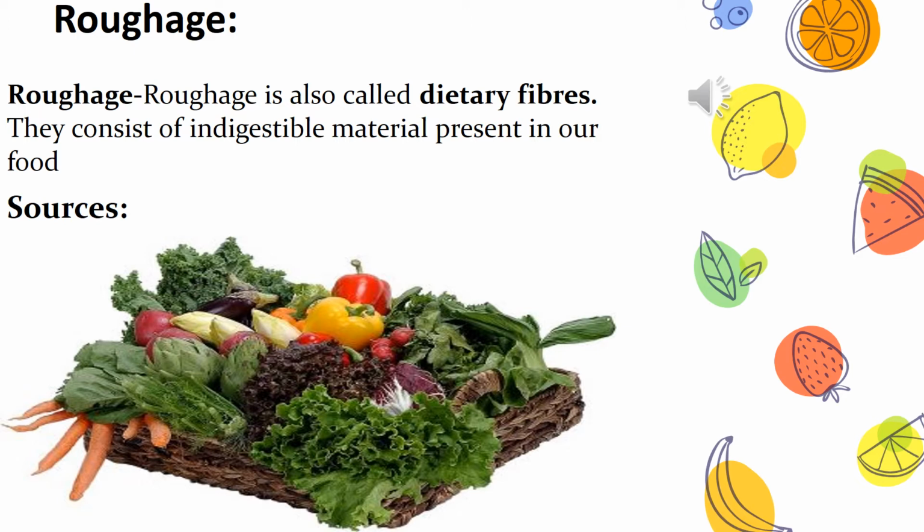Apart from this, unpeeled apple and half crushed wheat are also good sources of roughage, dietary fibers. The skin of fruits and vegetables is also rich in fibers. Besides this, I'll tell you one name, isabgol, if you have heard. It is also a good source of dietary fiber and we consume it to get rid of constipation.